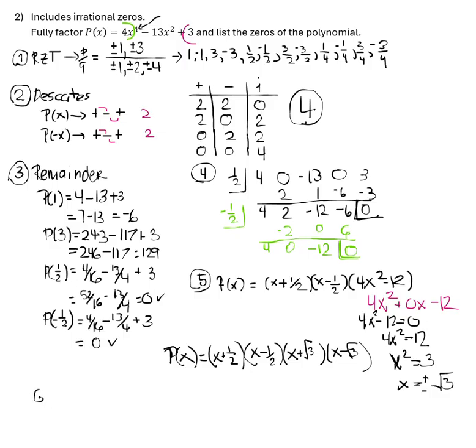I still need to list the zeros. So the zeros are going to be at x equals a negative 1/2, a positive 1/2, a square root of 3, and a negative square root of 3.